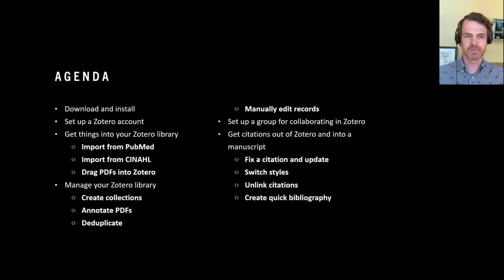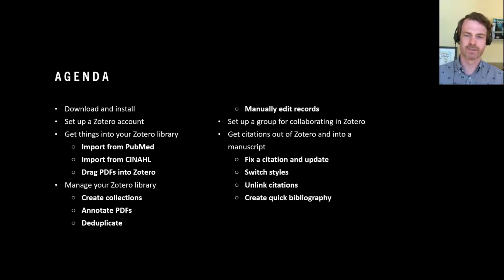So we'll start. I'm going to show you just briefly how to download and install it. It's pretty straightforward. We'll talk about setting up a Zotero account, which is optional, but I recommend it. And then we'll talk about how do you get things into your Zotero library, and then how do you manage them once they're in your Zotero library. How do you set up a group so that you can collaborate?